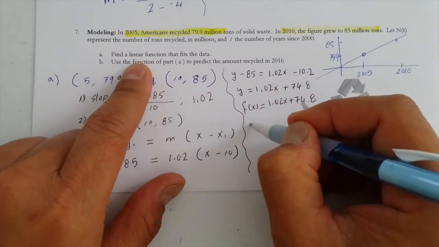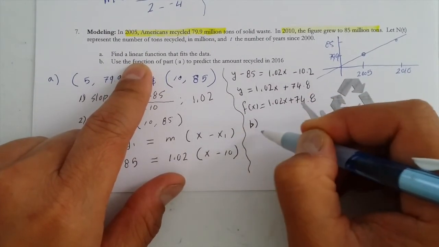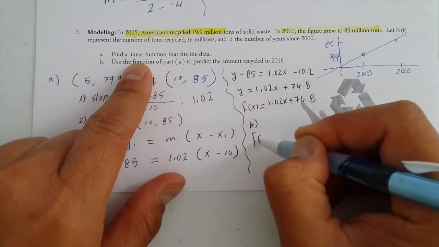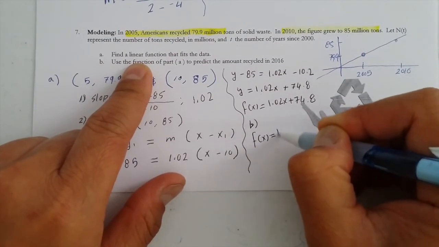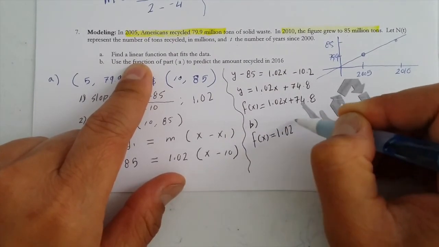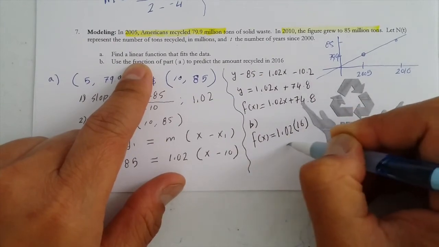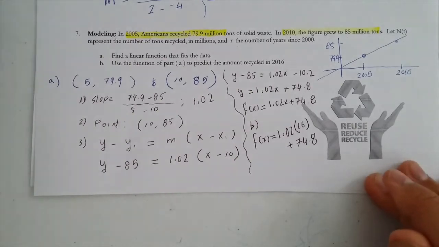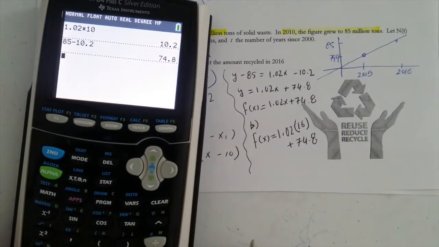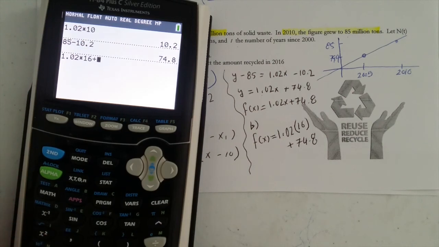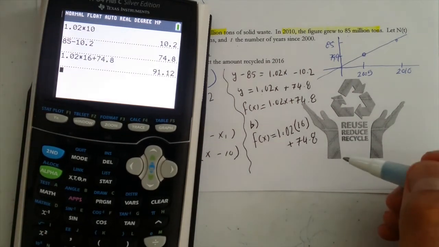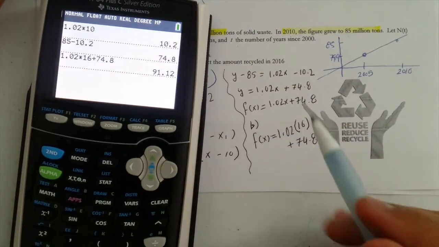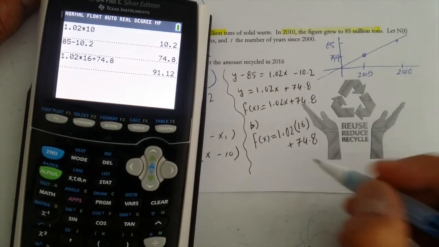For part B, we take this function, and to make the prediction, we replace x by 16 and add that to 74.8. So 1.02 times 16 plus 74.8 gives us over 91 million tons of solid waste.